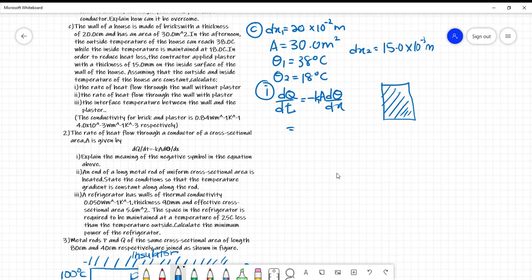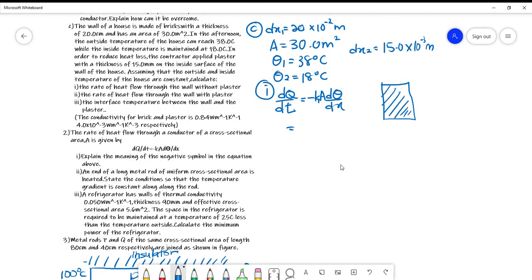So initially, what we have is only the bricks and without the plaster. So this is K1 A, theta 2 minus theta 1, over dx.